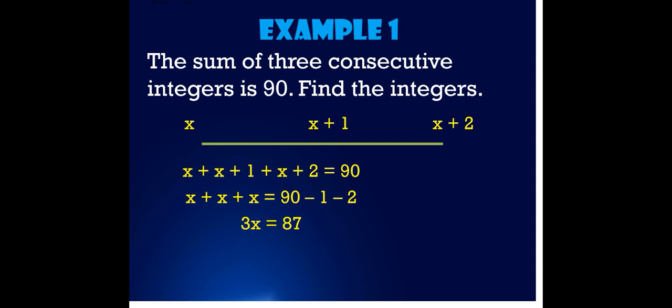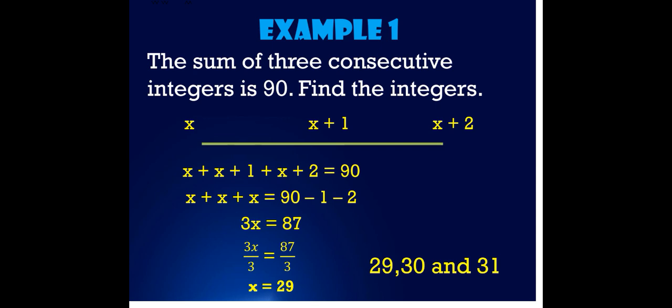To get the value of x, divide both sides by 3. 3x divided by 3 gives us x, and 87 divided by 3 is equal to 29. So, our first number is 29. Since there are 3 consecutive numbers, our final answer is 29, 30, and 31.